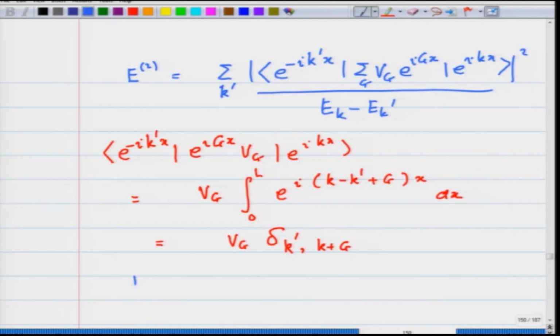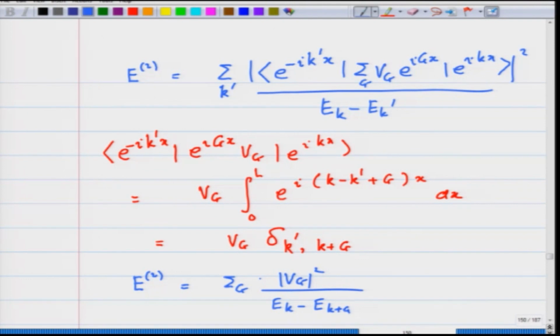So, I can write energy E 2 as the summation of V g square over E k minus E k plus g, summed over all the g's. This is the second order energy.